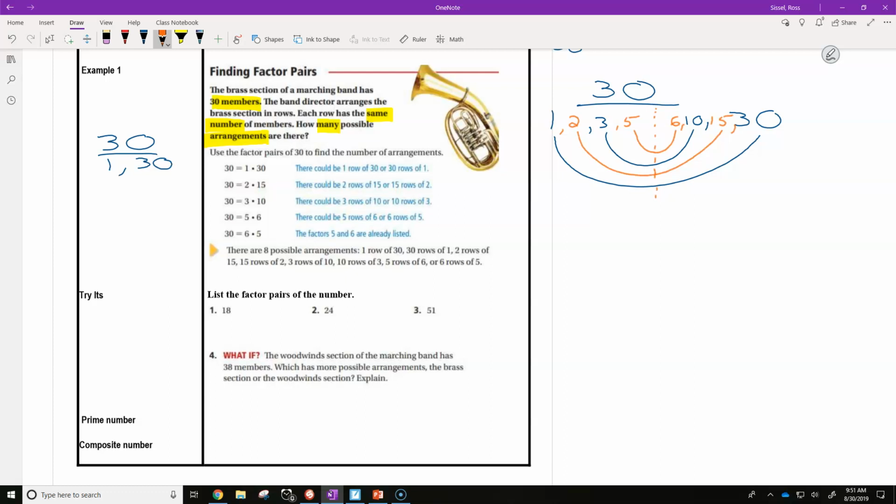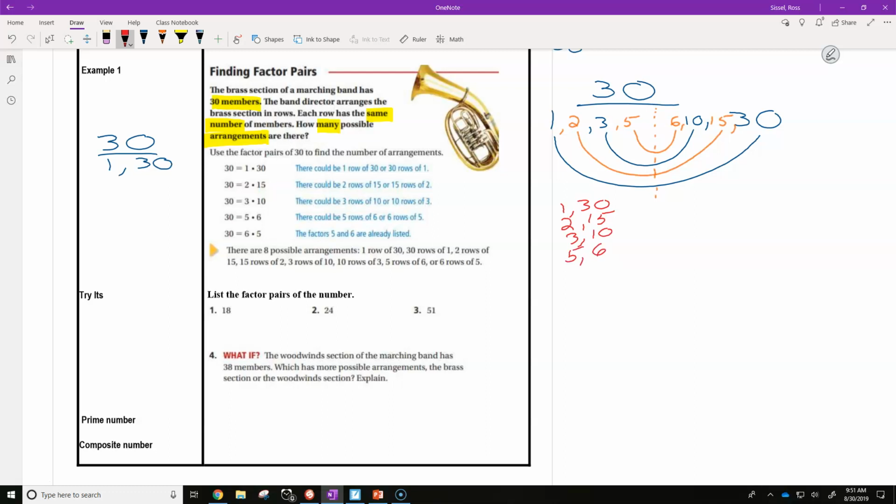Now, if the person asked me how many arrangements I could have, my factor pairs here, I still have to write those down. After I do this work, my factor pairs are 1 and 30, 2 and 15, 3 and 10, 5 and 6.